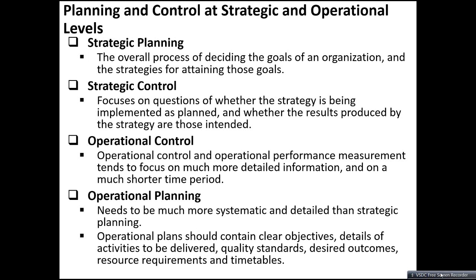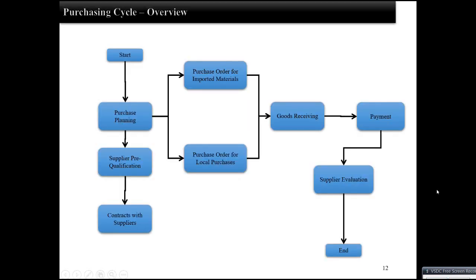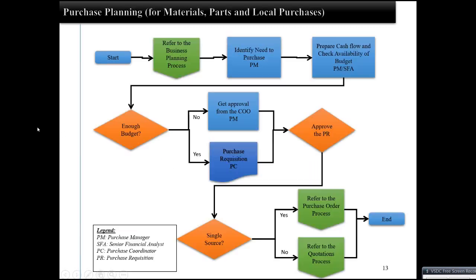So see, the process will start. First, they should refer to the business planning process. Based on the business planning, they will make a decision and identify needs to purchase. PM means purchase manager.